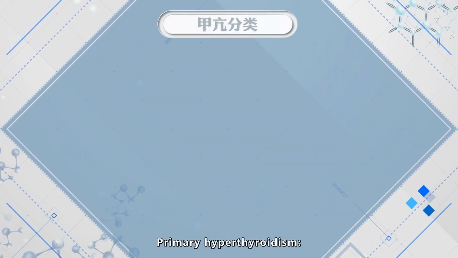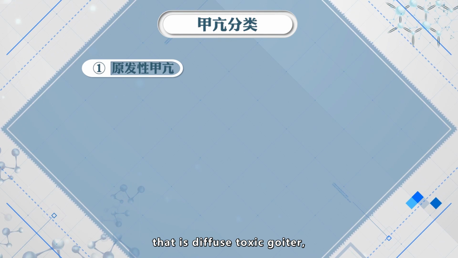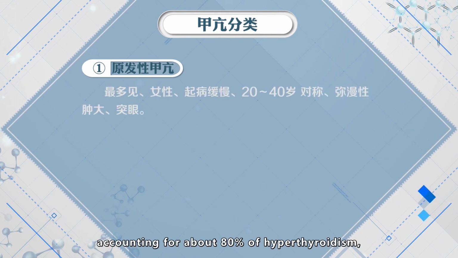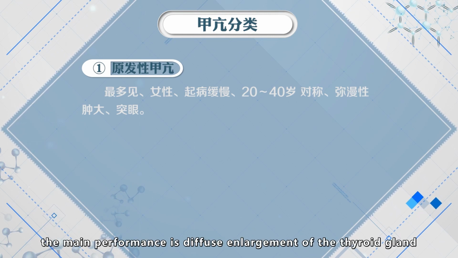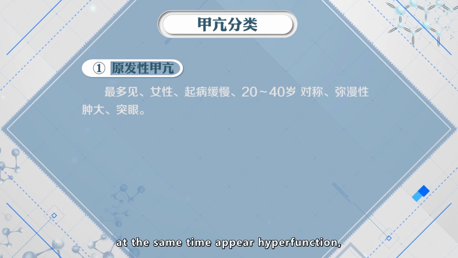Primary hyperthyroidism, that is diffuse toxic goiter, accounts for about 80% of hyperthyroidism. The main manifestation is diffuse enlargement of the thyroid gland, and at the same time hyperfunction appears. This disease is more common in women.